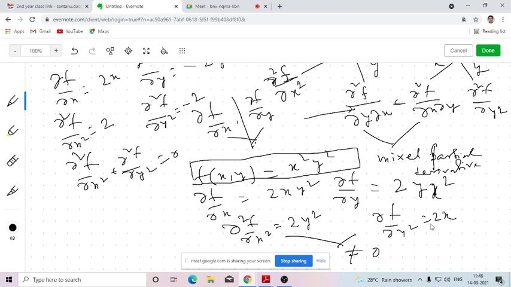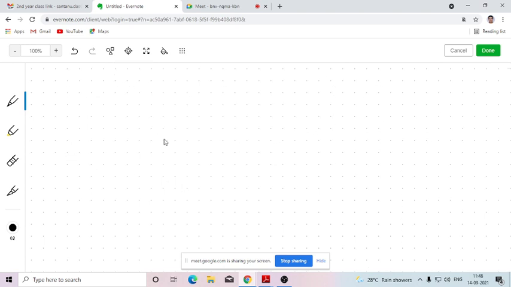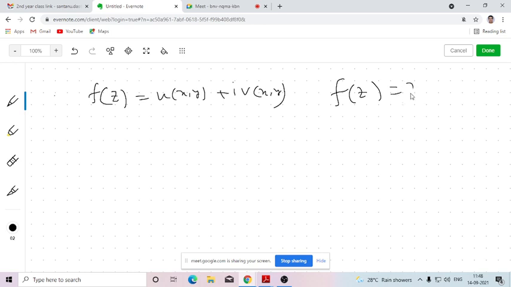Now, why are we studying harmonic functions and what is their usefulness? Whenever we consider a function of a complex variable f(z), there must be a real part and an imaginary part of the function. You know this. If I consider f(z) equals z square, and put z equals x plus iy, this will be x square minus y square plus i into 2xy. So that is our u, and that is our v.